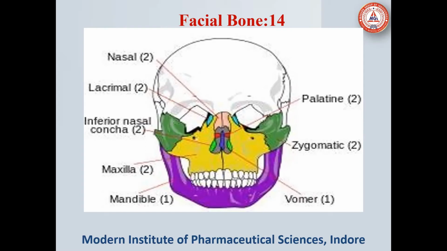Each half consists of two main parts, a curved body with an alveolar ridge containing the lower teeth and a ramus, which projects upward almost at right angle to the posterior end of the body. Now, this is all about the facial bones.